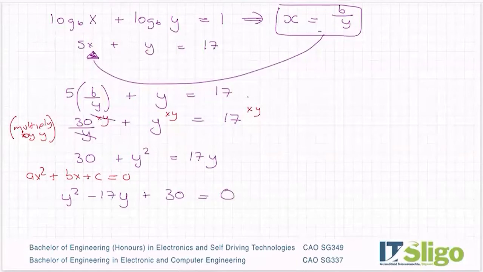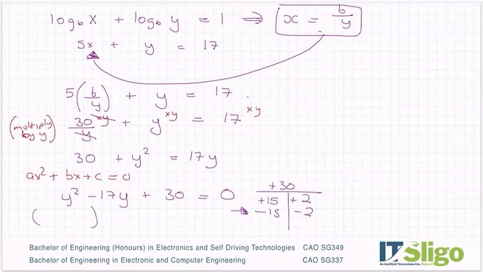The factors of plus 30 that give me 17: 15 by 2, because minus by minus is always a plus. So the negative version there will give it to me. So y and y, minus 15 and minus 2 is equal to 0. y is equal to 15, y is equal to 2.